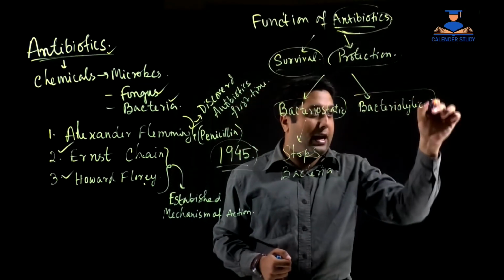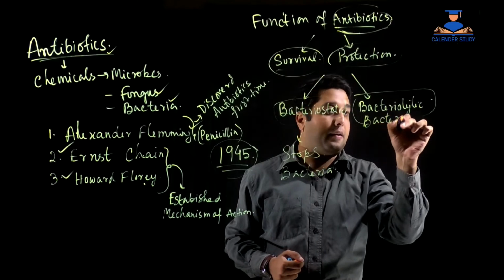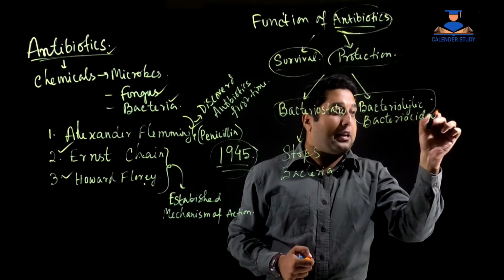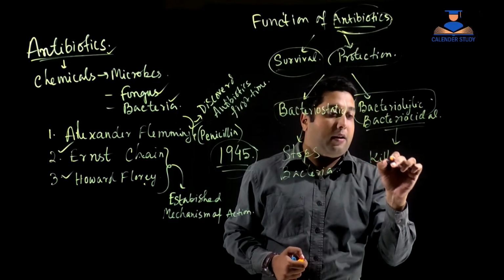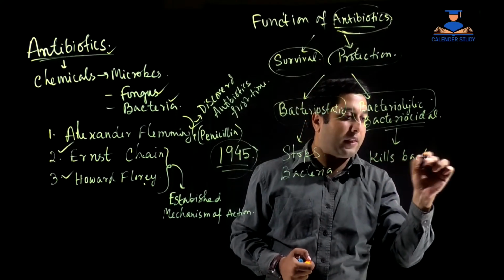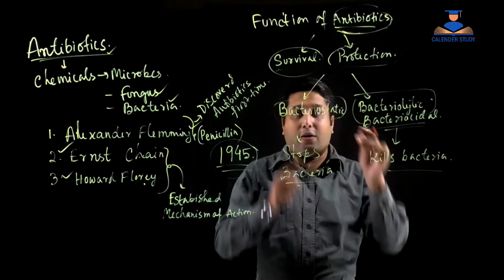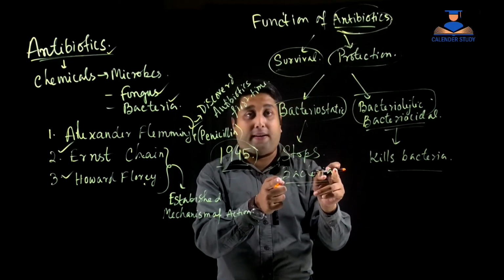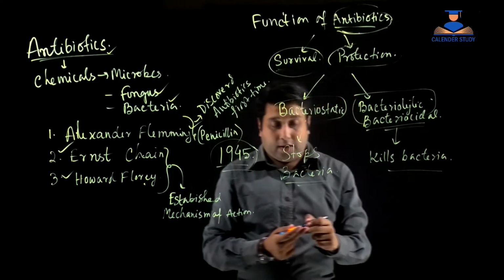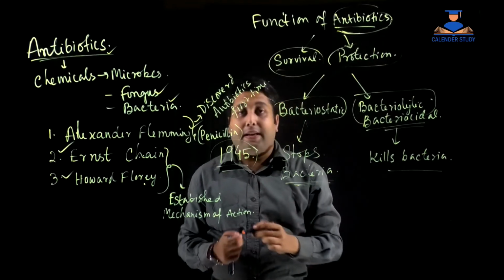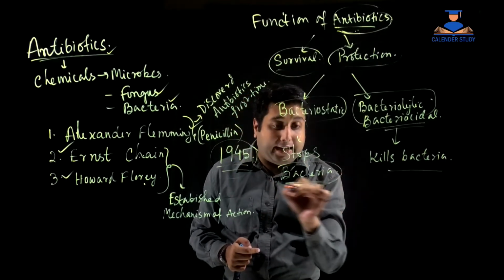But bacteriolytic, or better to say bactericidal, this group of antibiotics kills bacteria. So one group is stopping the growth of bacteria and the other group is killing the bacteria. It means that antibiotics only work against bacteria.